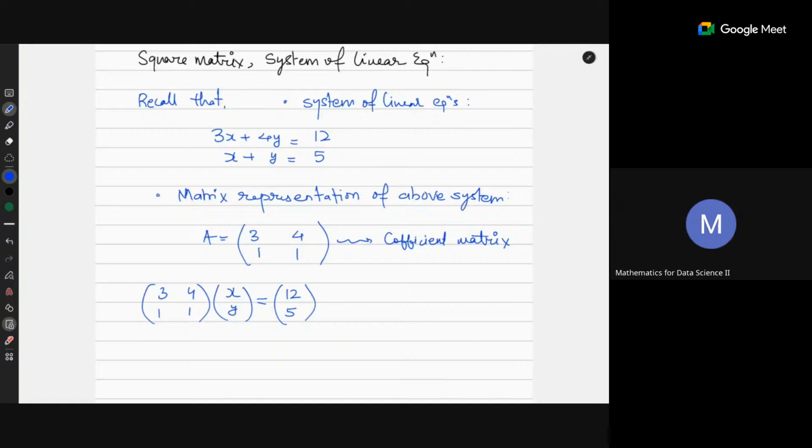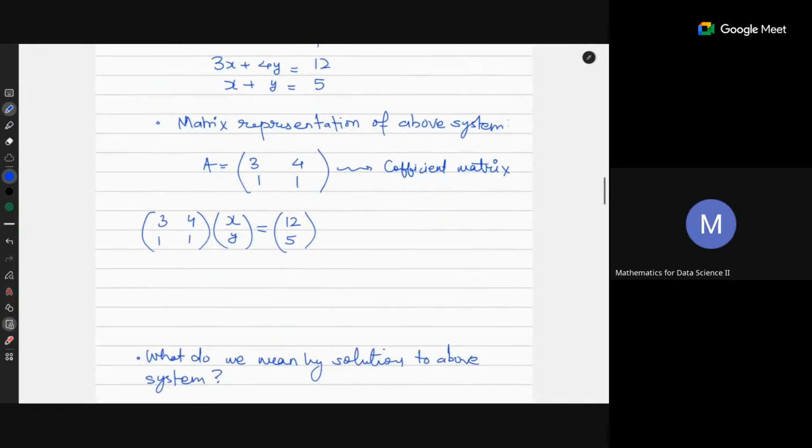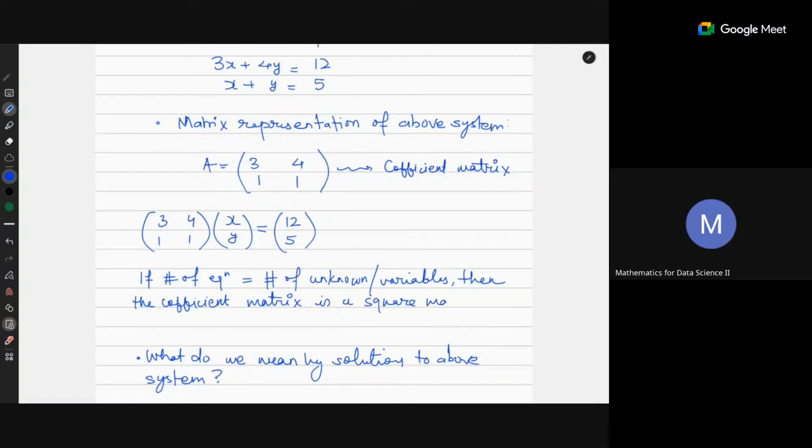Now, if you have number of equations equal to number of unknowns, or variables, whatever you want to call them, then you can notice that the coefficient matrix is a square matrix, and its size will precisely be equal to the number of equations or number of variables.